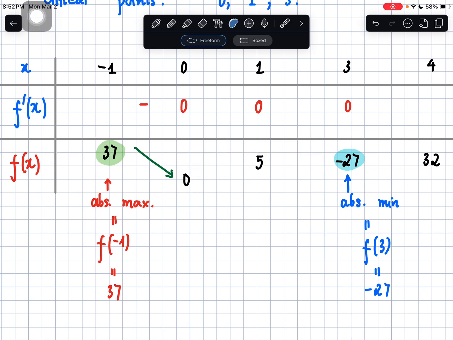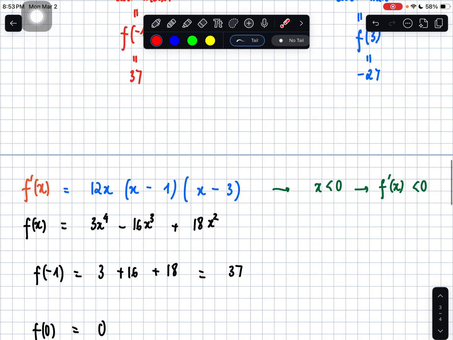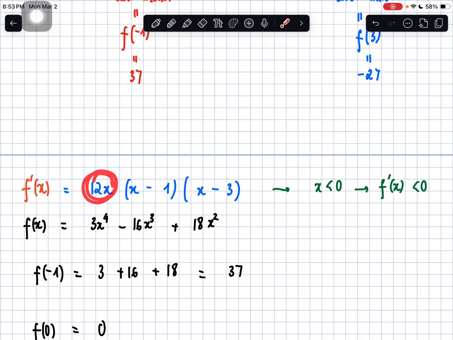Now I do similarly for the interval 0 to 1. So x bigger than 0, the first term positive. x less than 1, second term negative. x less than 1, third term negative. Positive, negative, negative makes it positive.